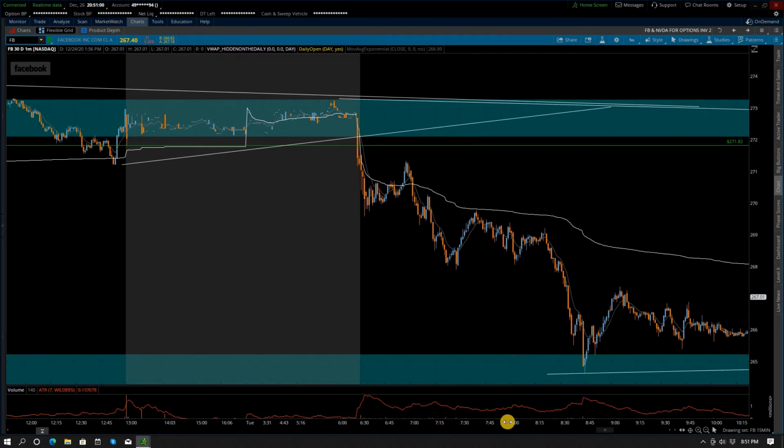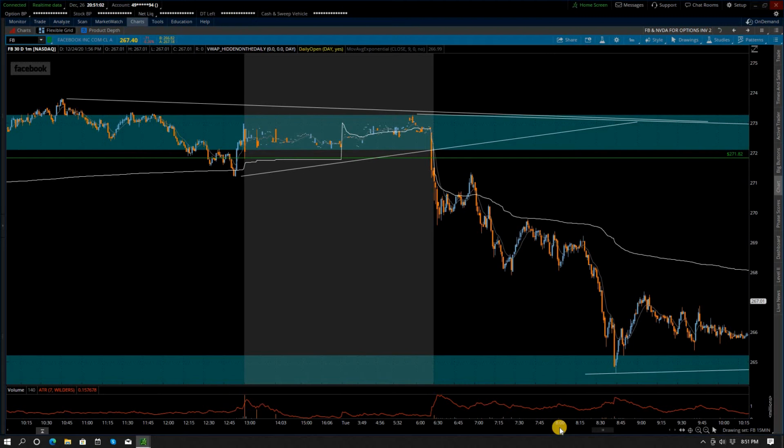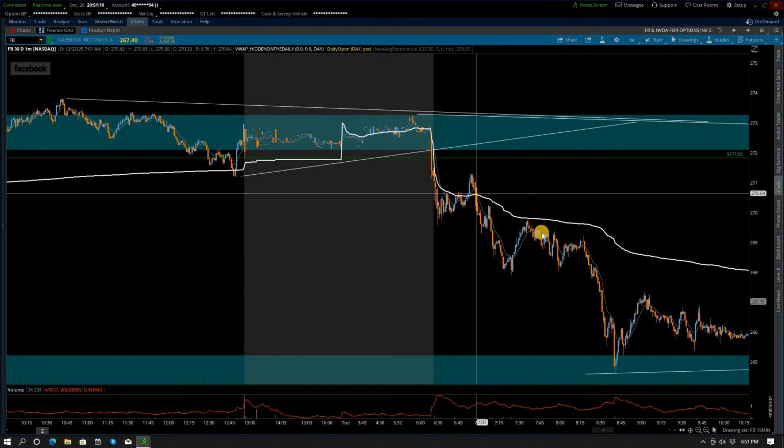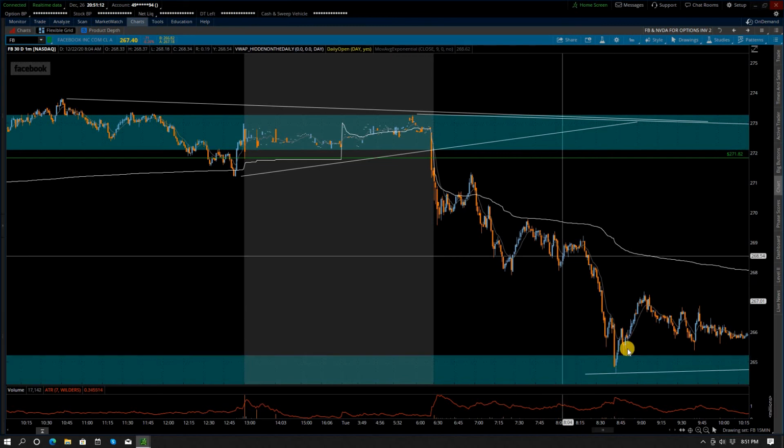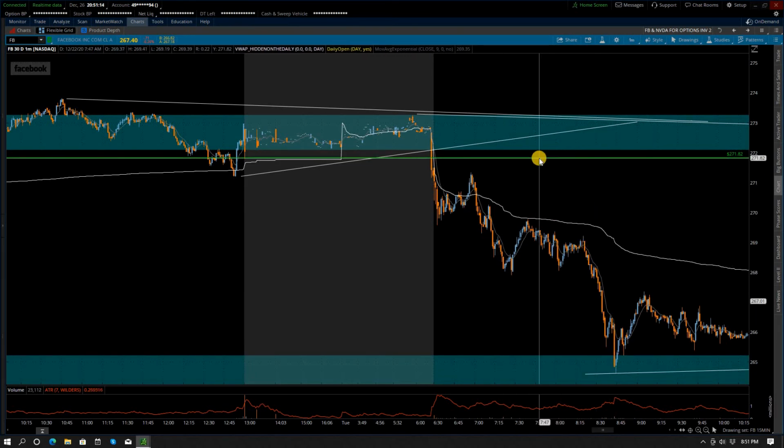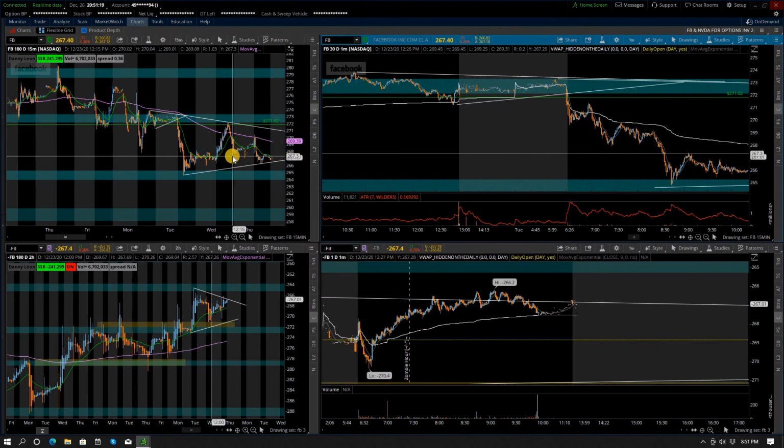I personally have a hard time holding, but I've been doing some back testing, and if I hold one contract, it's a couple of 100%. So yeah, that's basically how I trade, man.